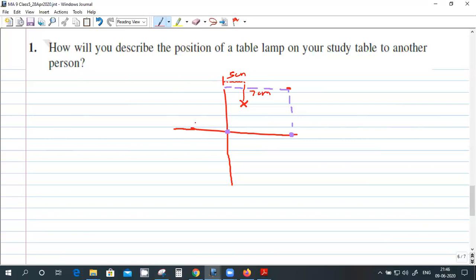That way I will specify this position uniquely. I'll take the left corner as the reference, go right 5 centimeters, and then go towards the person sitting here by 7 centimeters. One of these is the x coordinate, the other is the y coordinate.